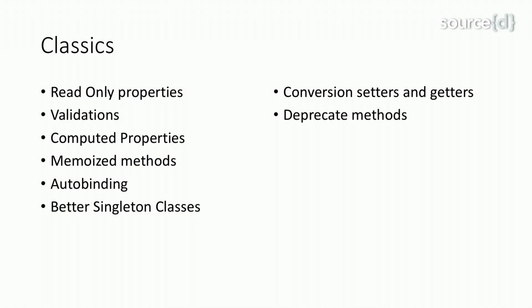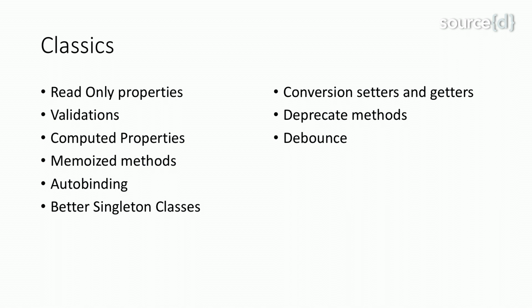You can deprecate methods, mark them as deprecated, and just warn people, this is deprecated, blah, blah, blah. You can debounce and throttle, or map a return value. And these are the classics. These are the examples everybody does.